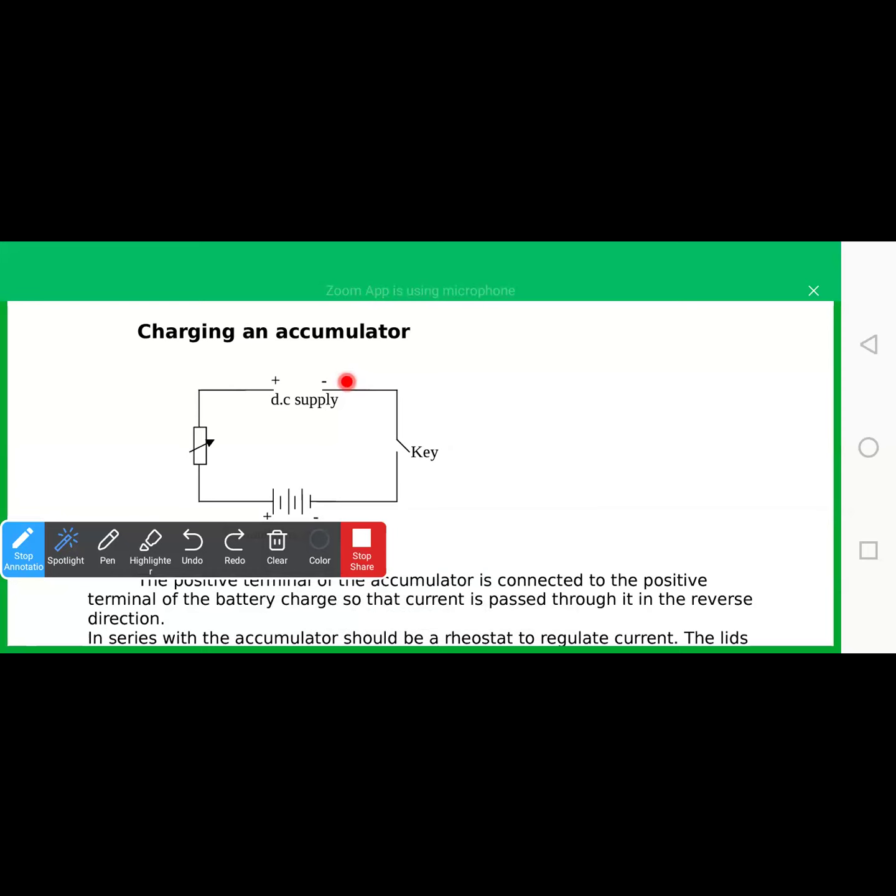Very good. So where there is less of negative charge, that is positive charge. Where there is more of negative charge, that is negative charge. So we connect to the anode. Which electrode carries a positive charge? Cathode or anode?